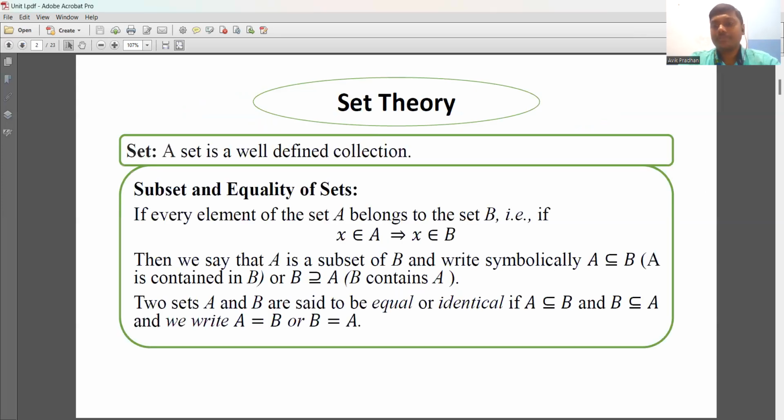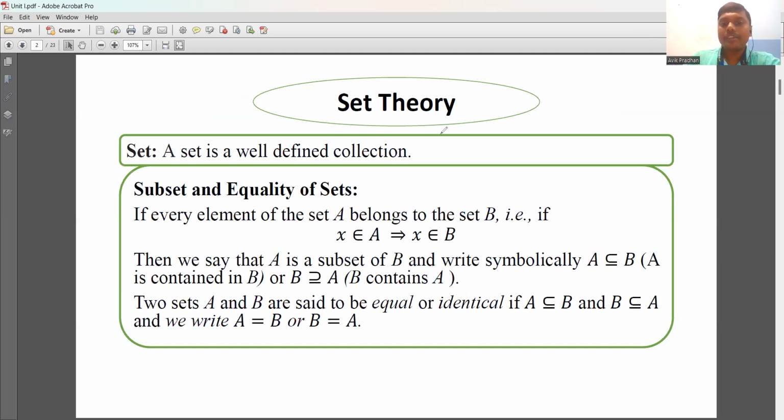So what is a set? A set is a well-defined collection. Now, collection means it's a group. So what do you mean by well-defined? Let me take an example and discuss this.